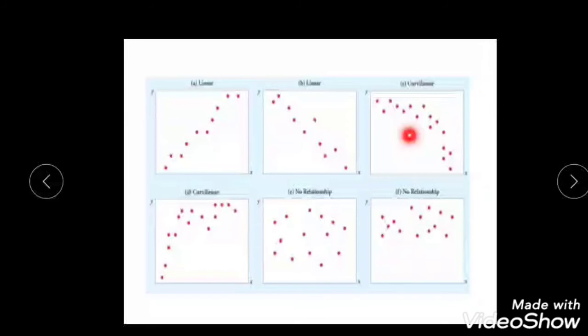So it is a curved linear relationship. And D shows a positive curve linear relationship, but we can't find a regular shape from this, and this will not be a strong relationship. When you find a regular shape, then you can conclude that it conveys a strong relationship, like a straight line.